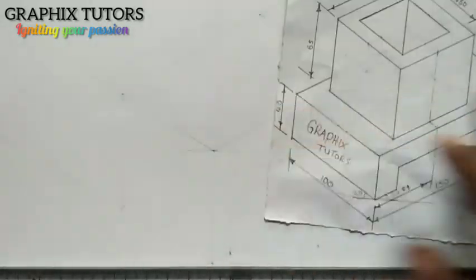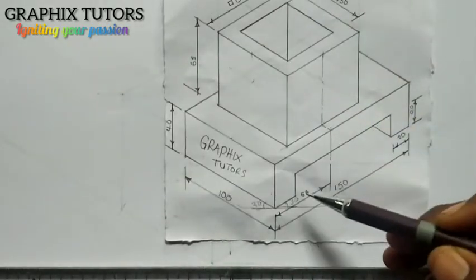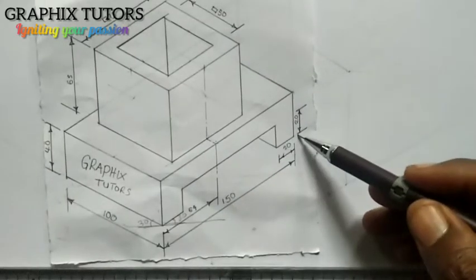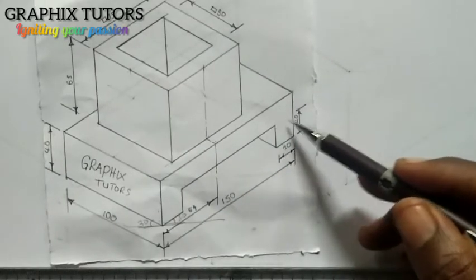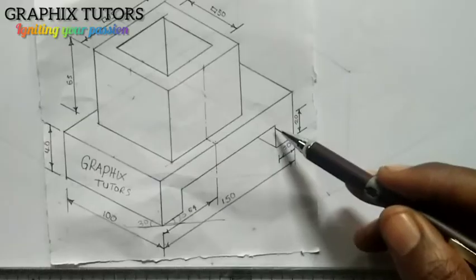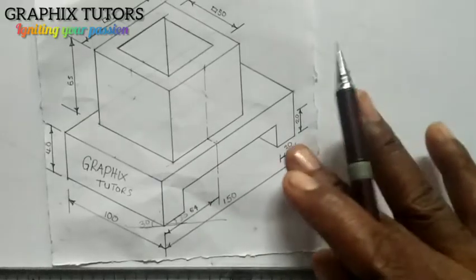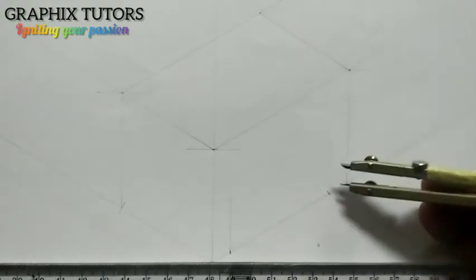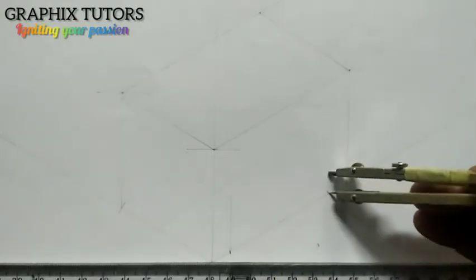Now the next thing is, if you look at this very well, from this point here up here, which is this line, is 20. So I'm going to measure another 20 to get this distance here. I measure 20 with the help of my meter rule, I'll place it at this point, and I'll mark 20. So that's my 20 there.